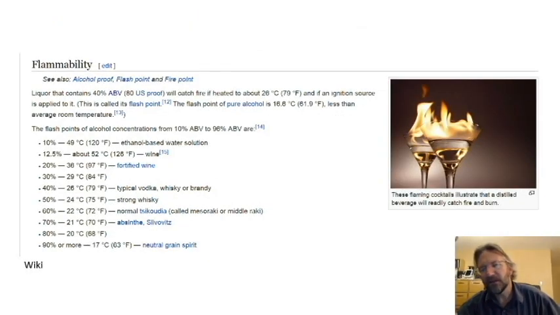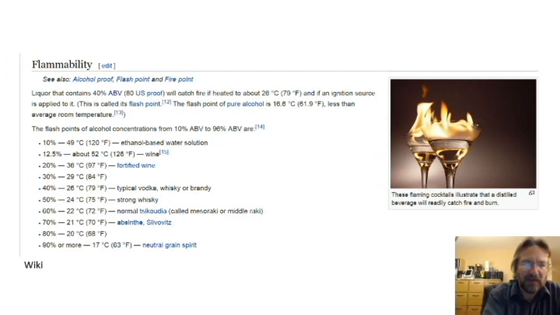The fact that it also vaporizes so easily when you have a lot of alcohol means you can ignite alcohol very easily because of this kind of coexistence. And what is interesting is that if you have a very high percent alcohol, like 90%, the flammability starts already at 70 degrees.